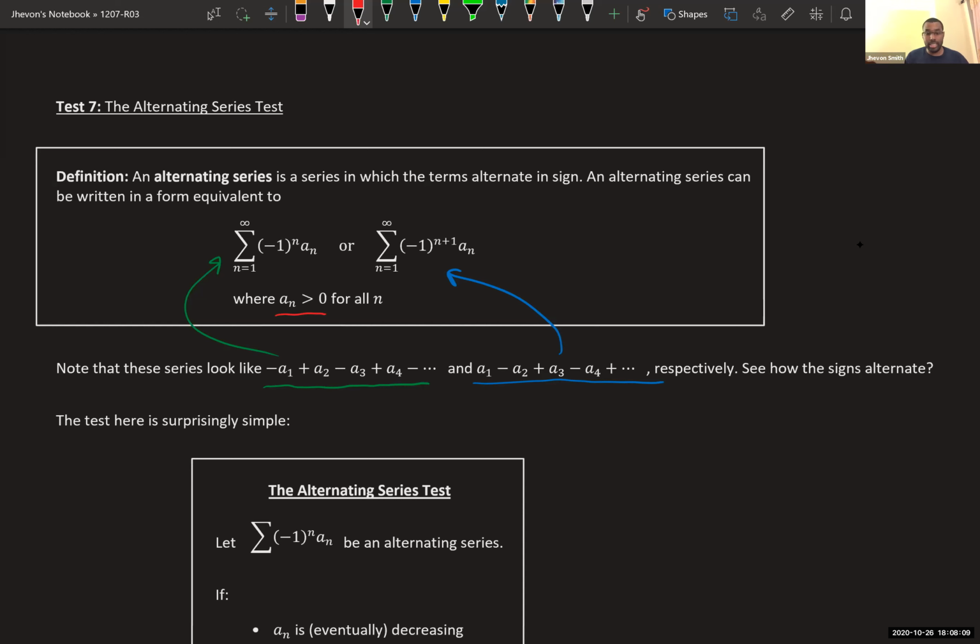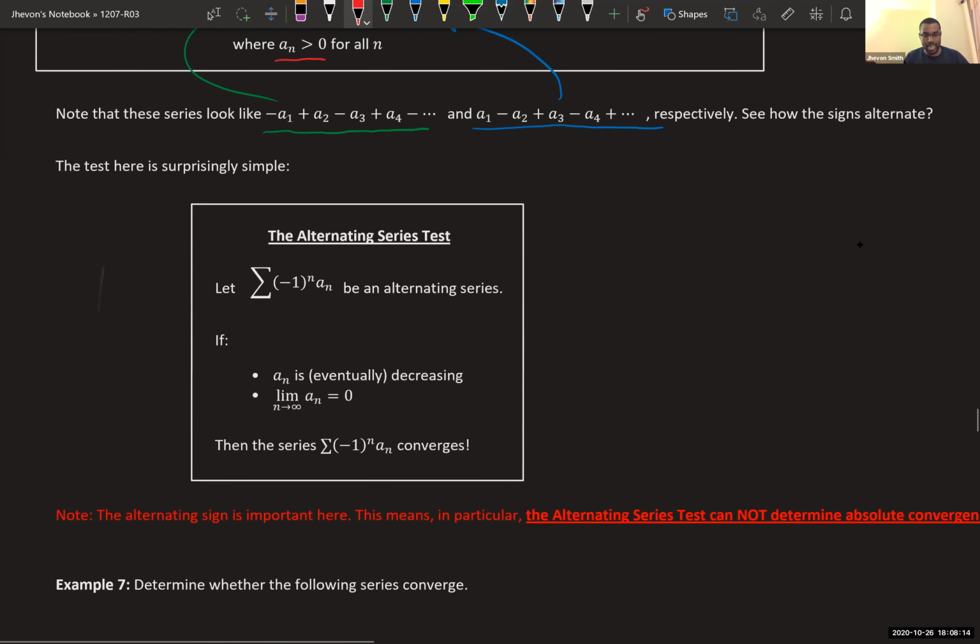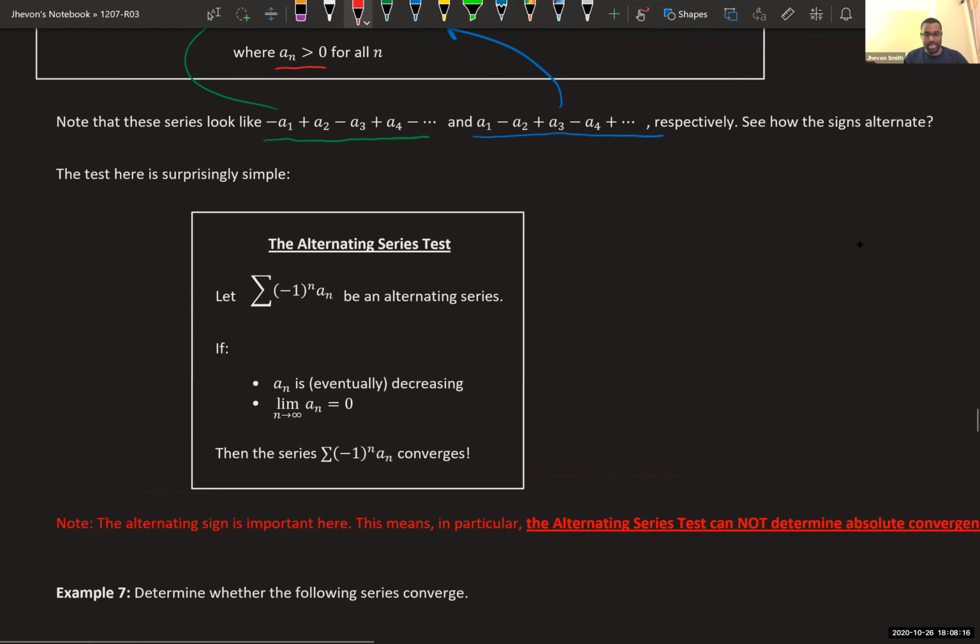Now, the alternating series test is actually pretty easy and simple and very nice. So this is the alternating series test. Suppose you have an alternating series. If these two things occur, right?